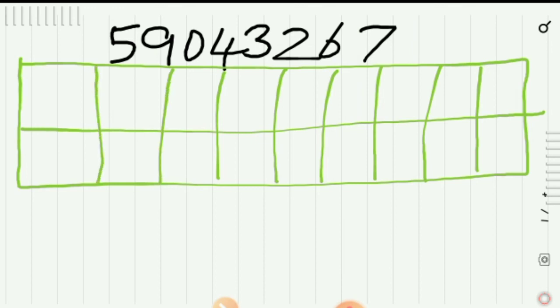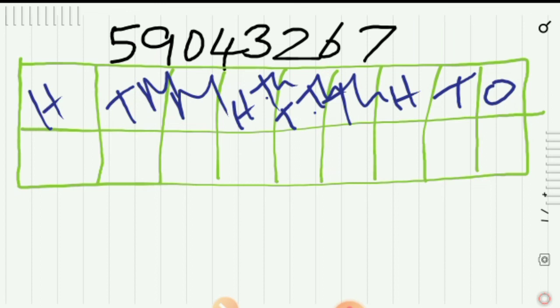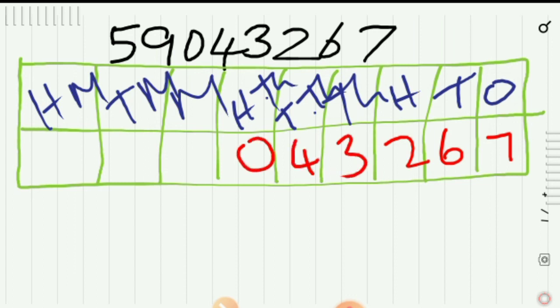Next, write the place values: ones, tens, hundreds, thousand, 10,000, 100,000, million, 10 million, 100 million. Next, write the given number in corresponding places: 7, 6, 2, 3, 4, 0, 9, 5.